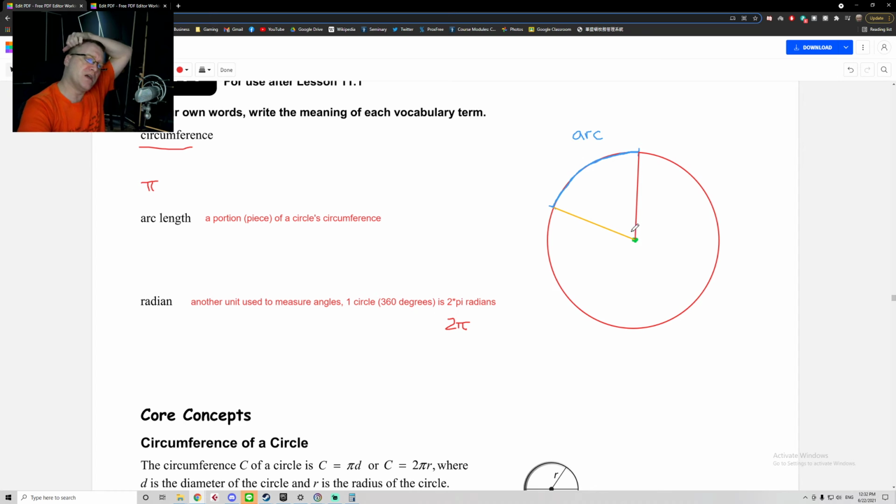So if I wanted to measure all the way around this circle, I would say it's 2 pi radians. Now we don't write radians. It's actually a unitless measure. You don't put radians at the end, so don't worry about that. But just write 2 pi. The measure of the angle is 2 pi if it's all the way around.